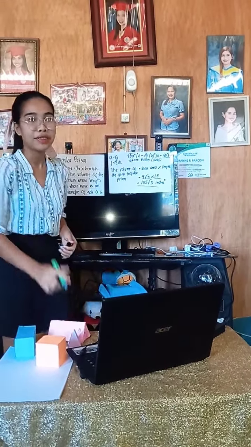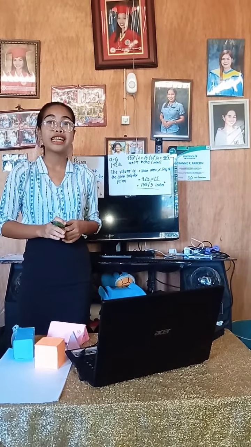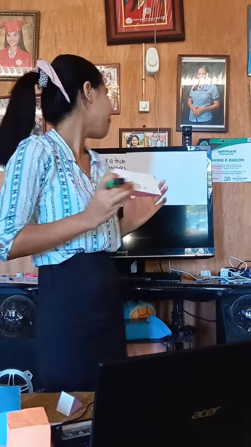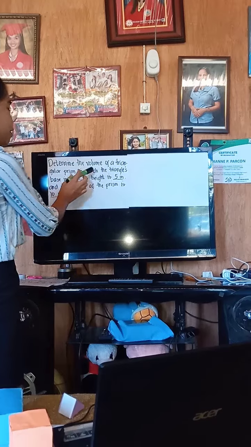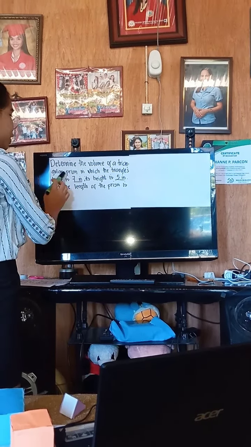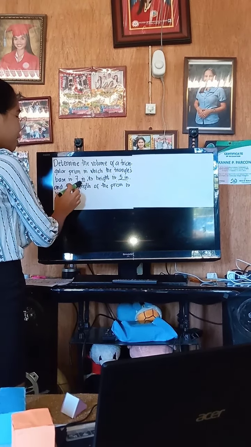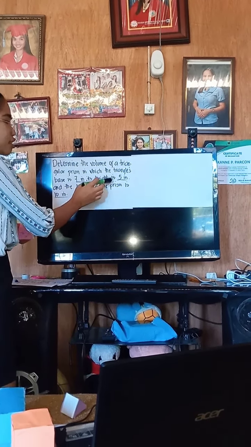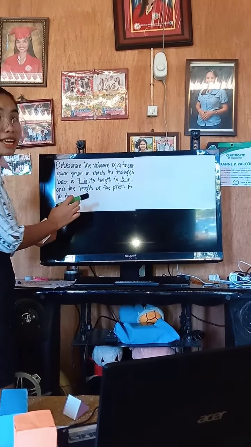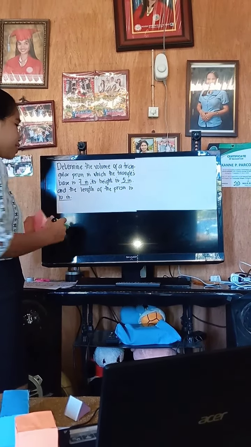For better understanding, I will give you another example. Okay, for another example, we have here the problem. Determine the volume of a triangular prism in which the triangle's base is 7 inches, its height is 5 inches, and the length of the prism is 10 inches.